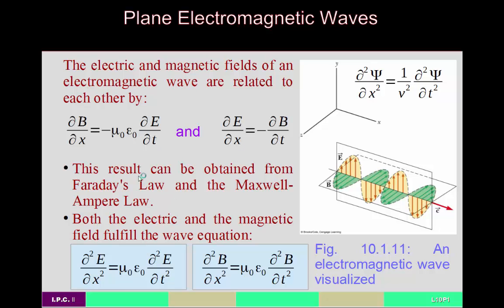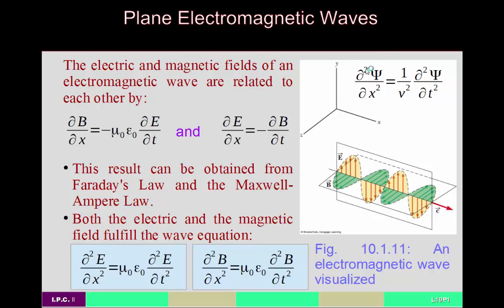Ultimately, both the electric field and the magnetic field fulfill what's called the one-dimensional wave equation. So this right here is the one-dimensional wave equation. This capital psi represents your wave function itself.